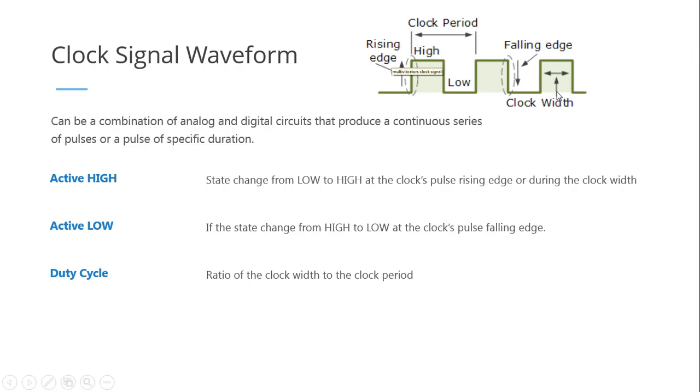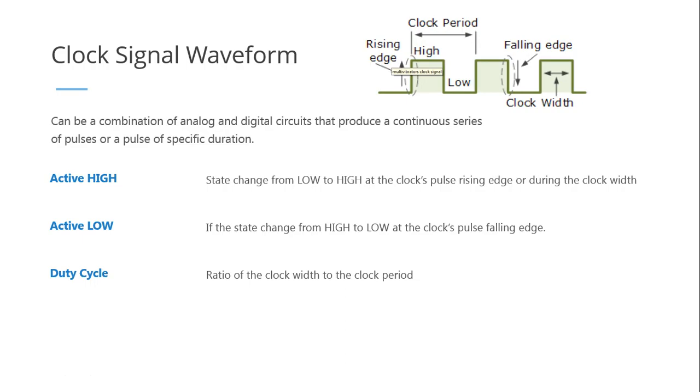In the illustration here, we might be able to see that around 50% of the time it's in the high state, 50% of the time it's in the low state. So 50% is the clock width, the clock period is the duration of both high and low, which is one clock cycle. So that would give us a duty cycle of 50%.